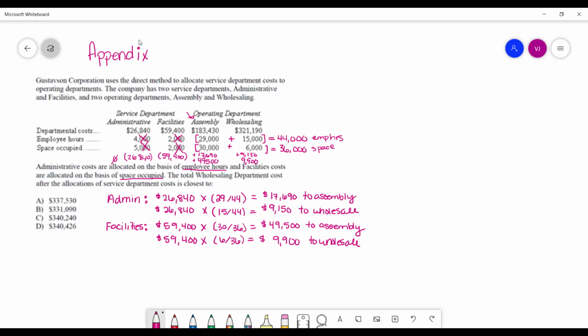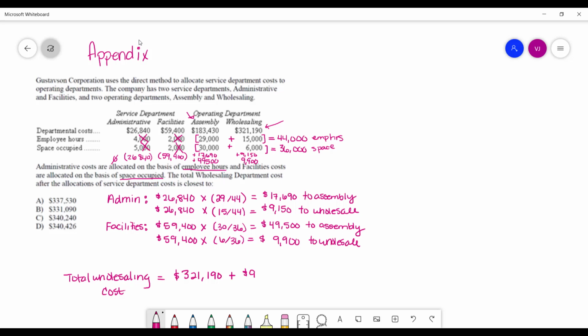Now, what's this question asking us? It's the total wholesaling department cost after allocations of service department costs is closest to. All right, so total wholesaling cost. How much wholesaling cost did we start with in that department? We started with $321,190. But then we added some costs from the service department allocations.